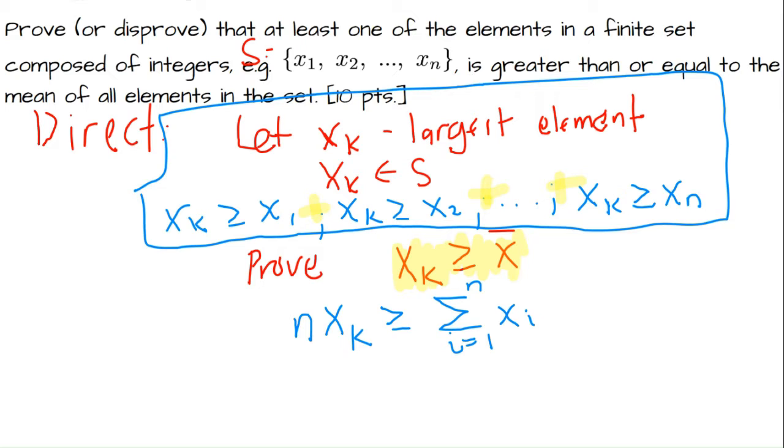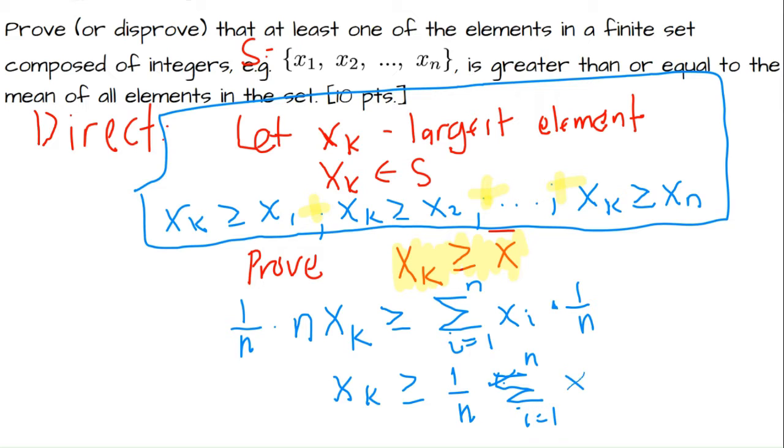By simply multiplying both sides by 1 over n, we get the mean here, and x sub k is greater than or equal to 1 over n times the summation, and that is basically equal to your mean.